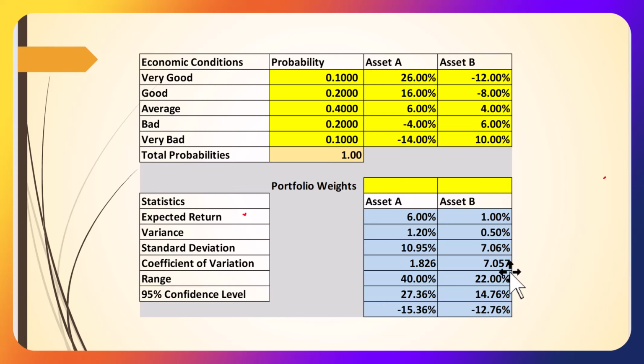In this case, you notice it kind of flip-flops on us, because of the very low expected return for B, it really tells us that B, relatively speaking, is actually much riskier than asset A. Asset A's coefficient of variation is 1.8 and B's is 7.05. So looking at standard deviation alone, as an asset all by itself, we would say it appears that A is riskier than B. However, making comparisons, we may have a differing opinion.